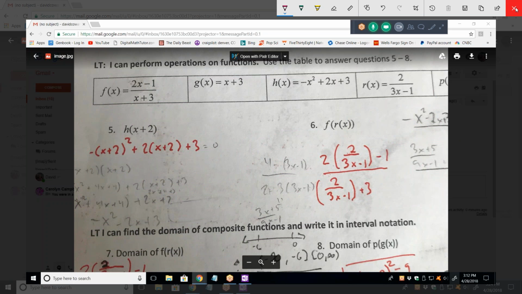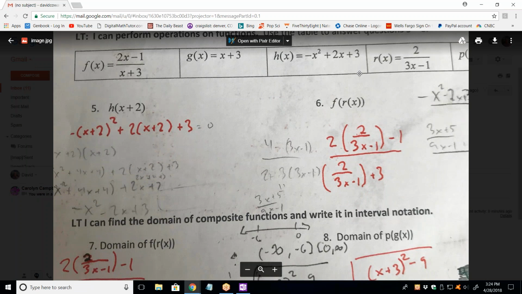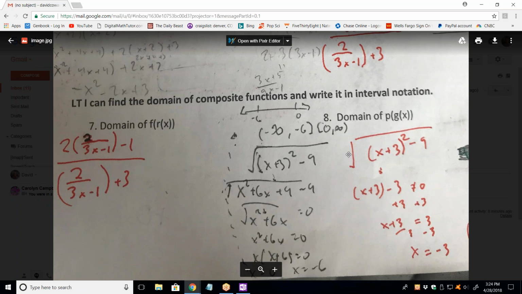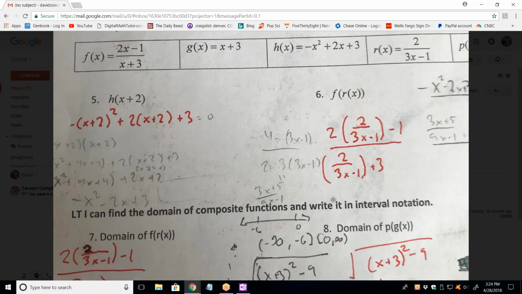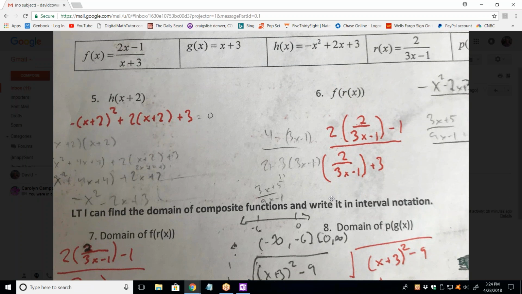All right, so let's go down to number 7. Domains can be a little bit tricky. First of all, the number one rule on domains: you can never violate the domains of each function.